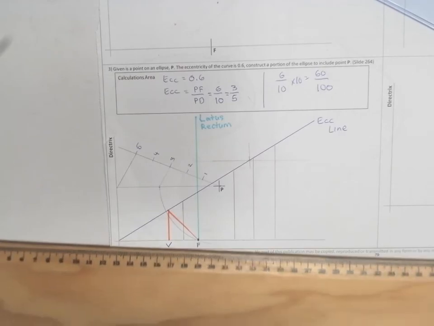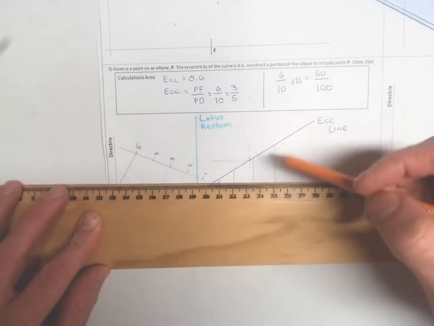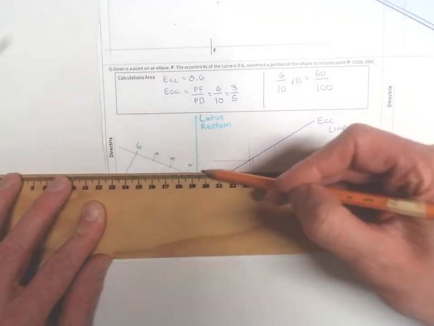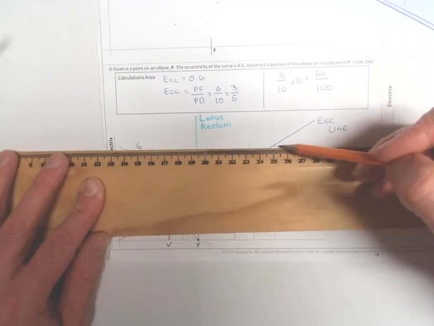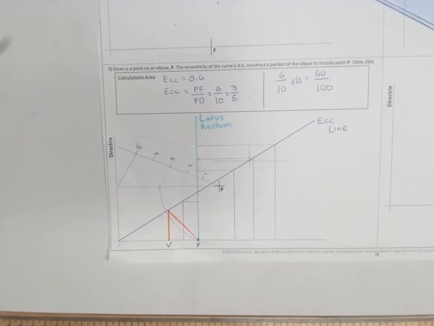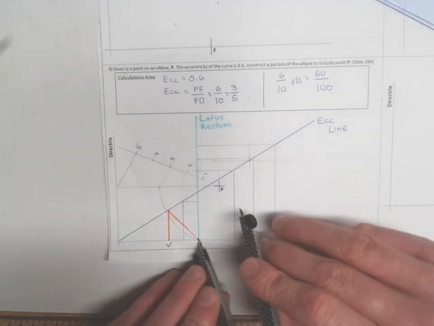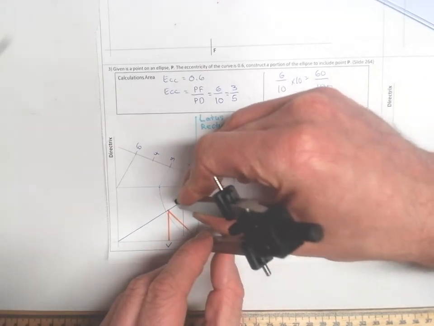So you extend it back to the latus rectum. Your focus is always your center. Where it hits, rotate it down.